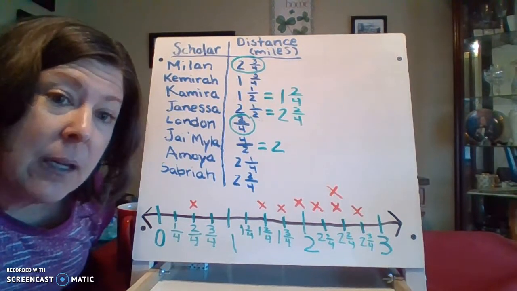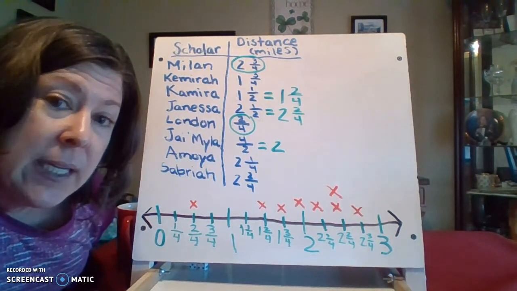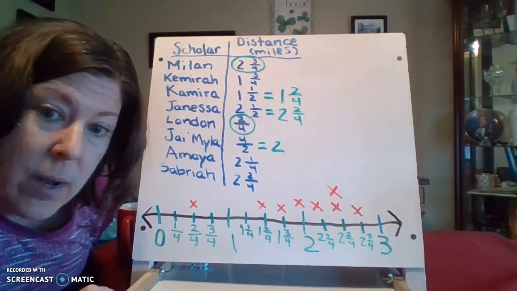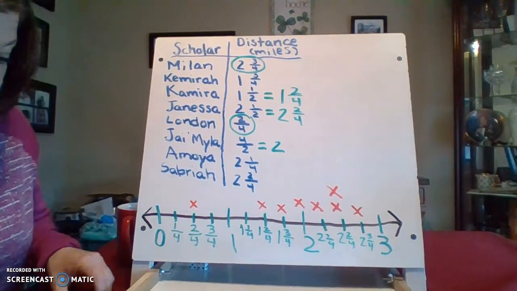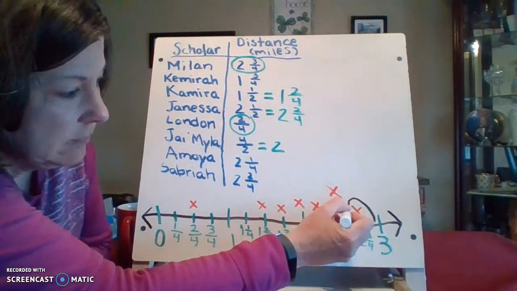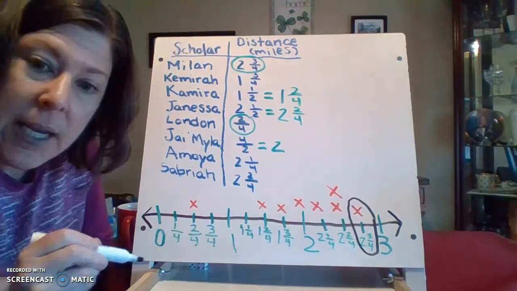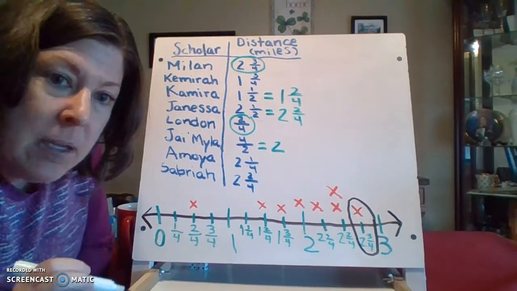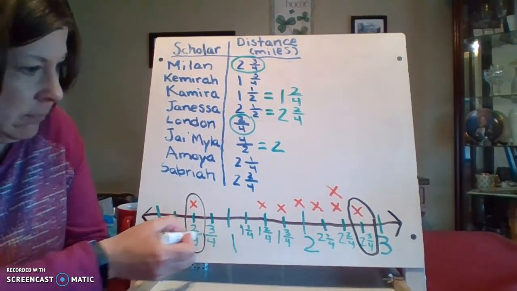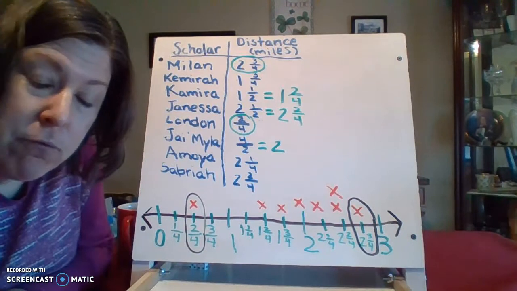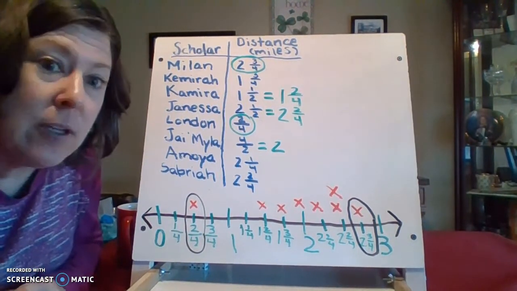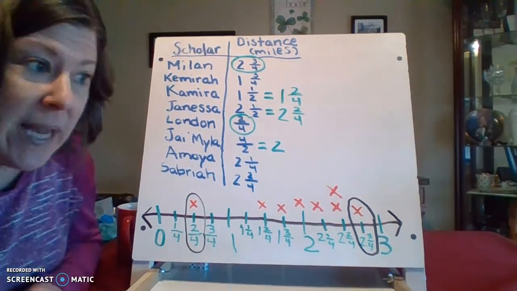Like, what's the difference between the longest distance and the shortest distance? Well, the longest distance is right here, 2 and 3/4. The shortest distance is right here with 2/4. If they're asking me to find the difference, that clue word is telling me to subtract.